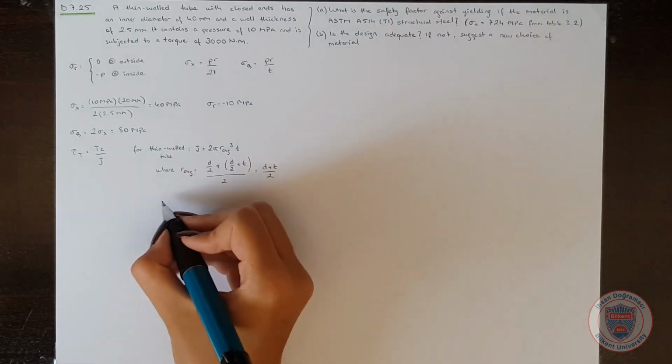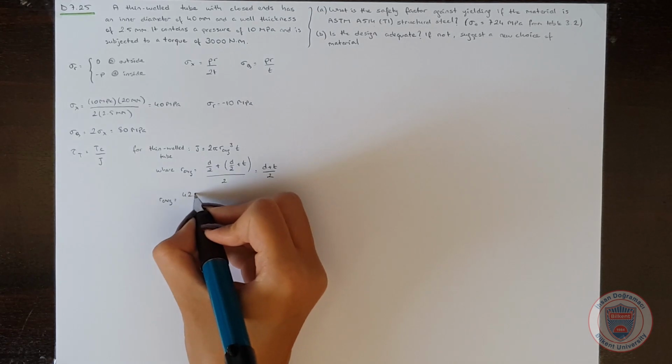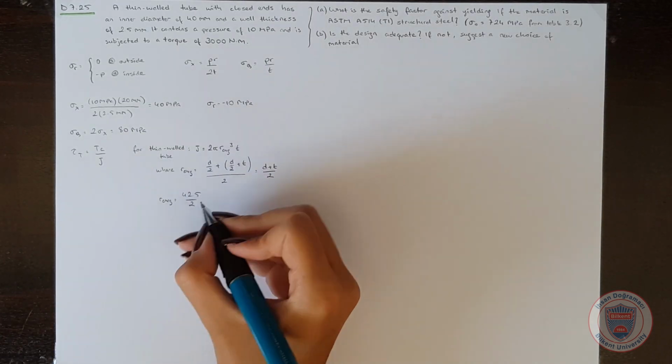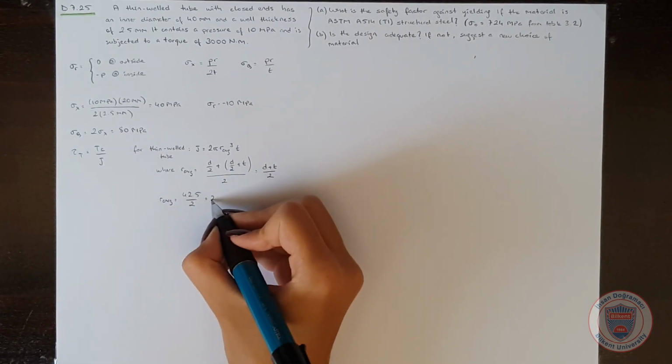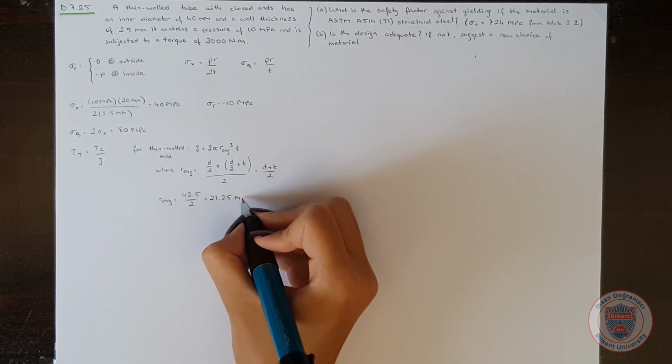And in our case, R average is 42.5 over 2, so it is 21.25 millimeters.